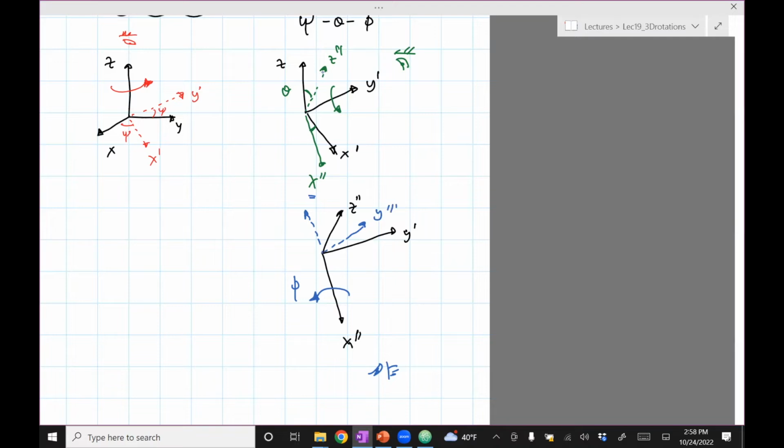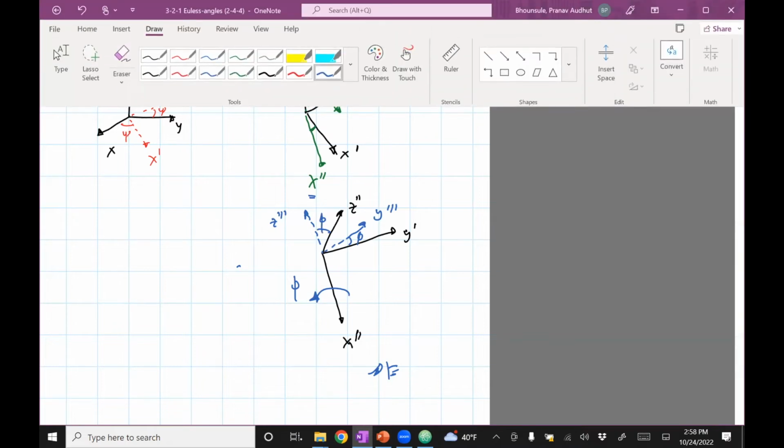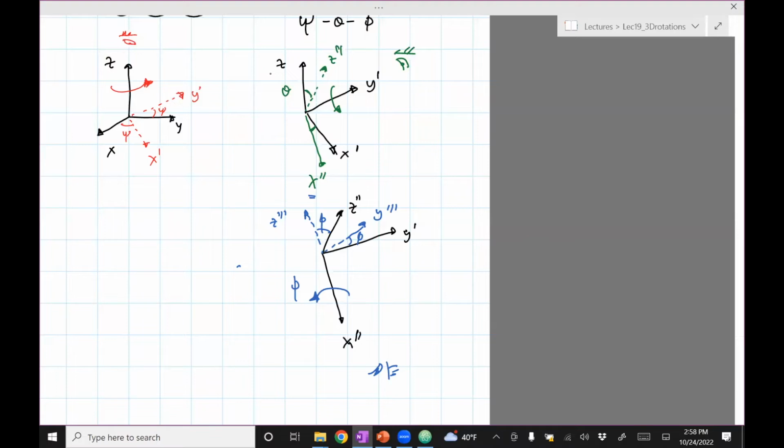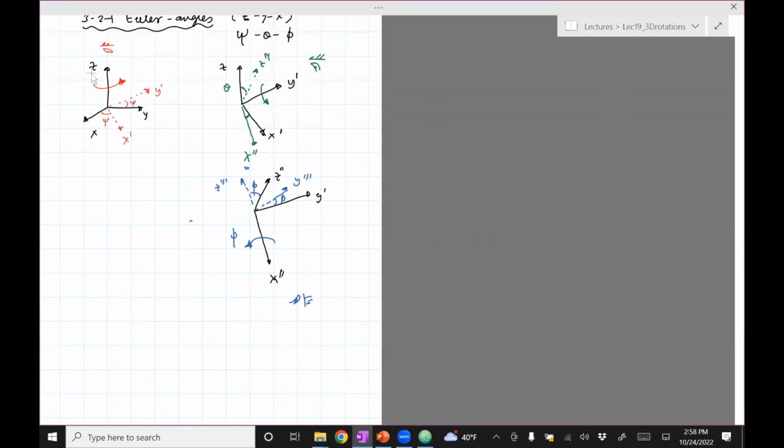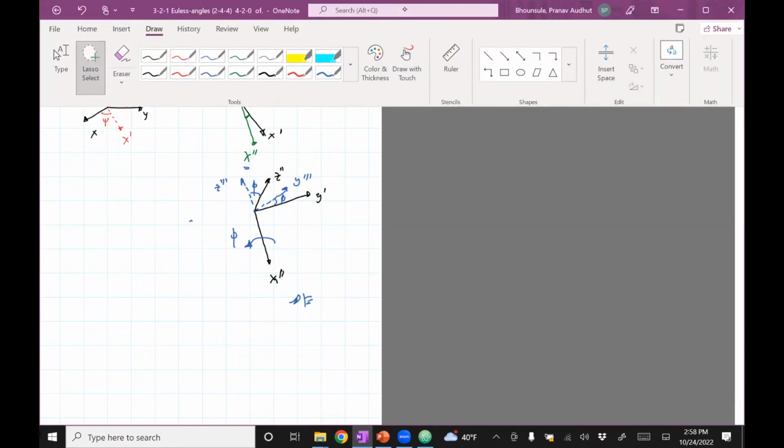So the y would be y triple prime, and then z would be z triple prime, and this would be phi. We'll do this today.